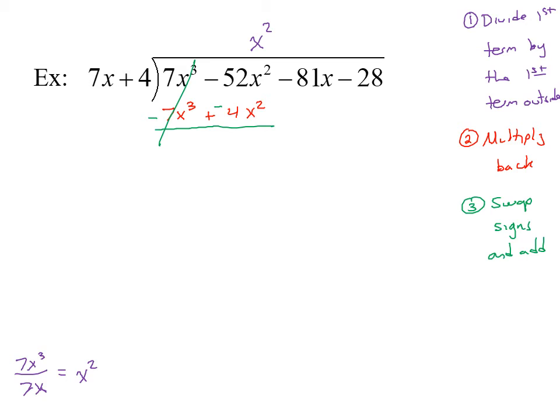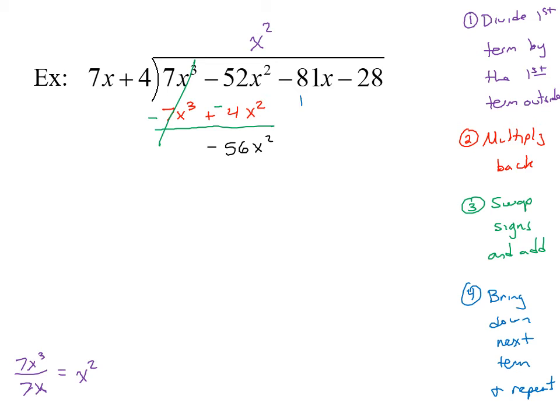If I add them together, I'll end up with a negative 56x squared. Then what we're going to do is bring down the next term. And repeat.